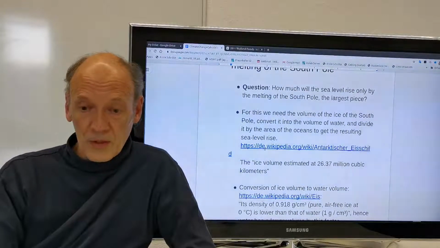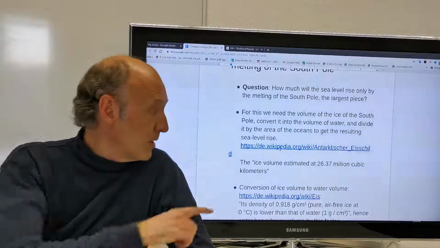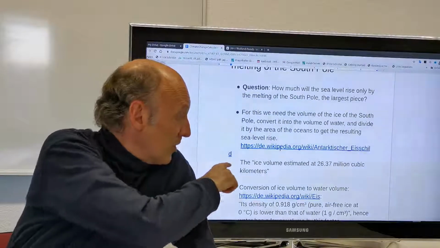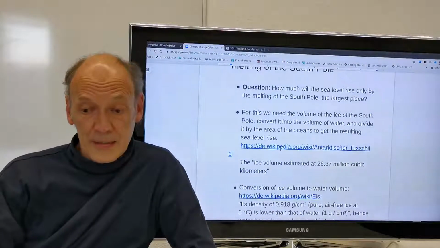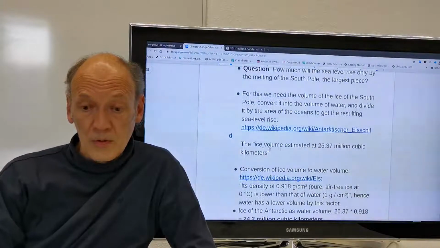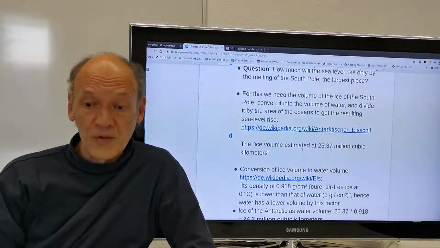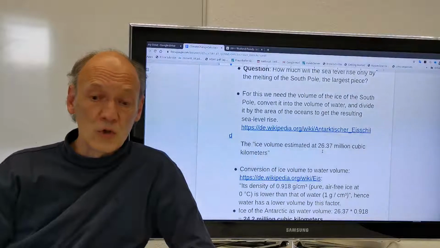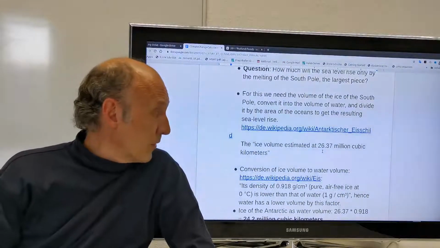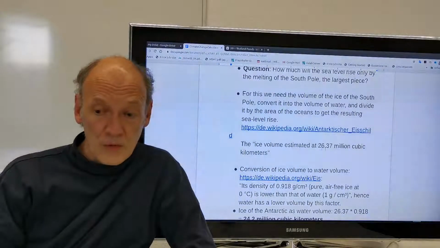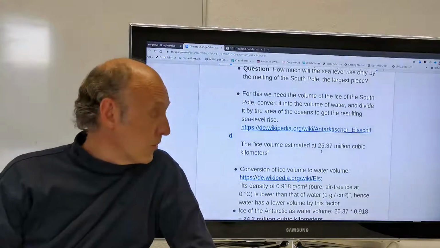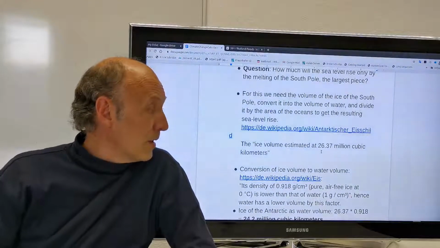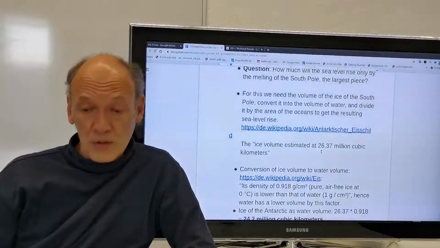Again, here I have the German Wikipedia link in which I found the data. Here it's stated the ice volume is estimated at 26.37 million cubic kilometers, and this is the most accurate number I found. Often you find rough estimates like around 30 million cubic kilometers.